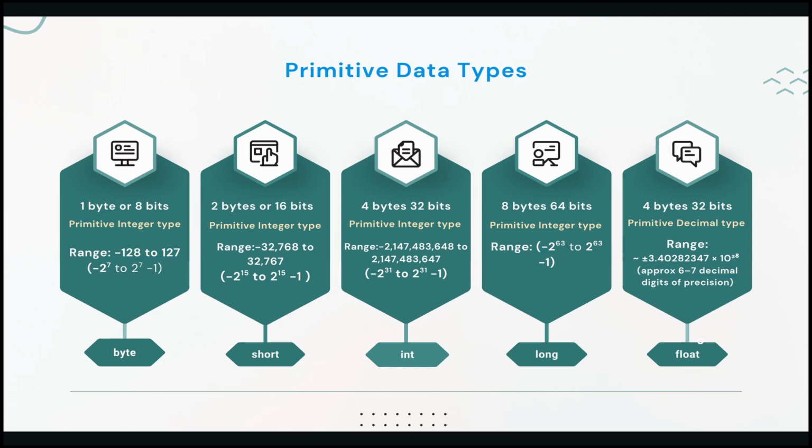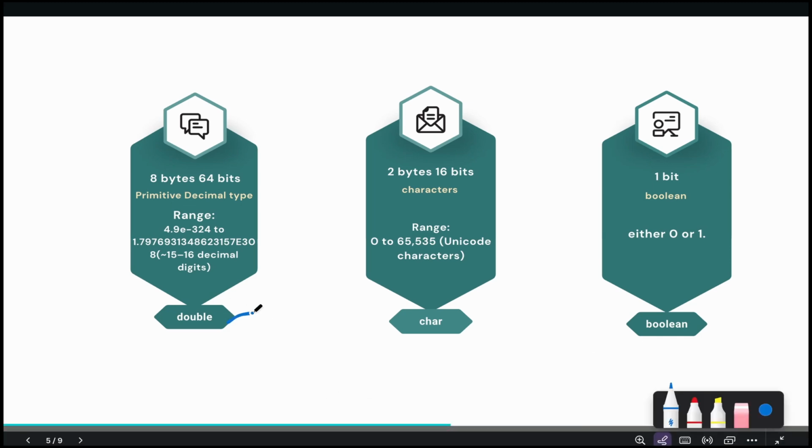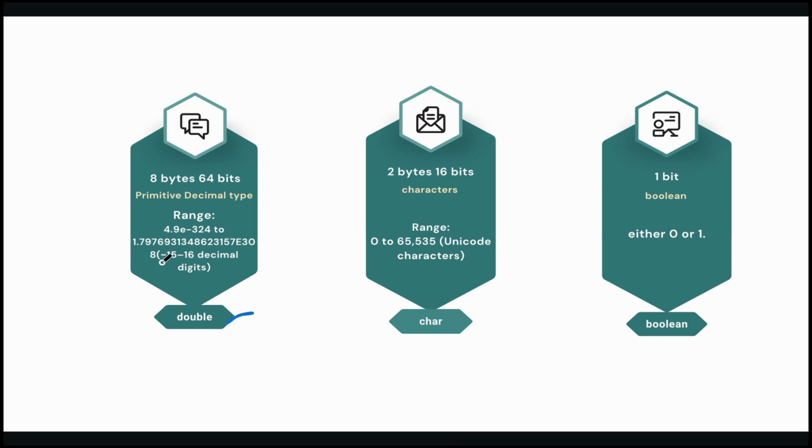Then look at another data type, that is double. It is 15 to 16 decimal digits. Suppose you are working with decimal numbers where the precision is so important that a single decimal point can cause a whole disaster, like in a space program or whatever else.